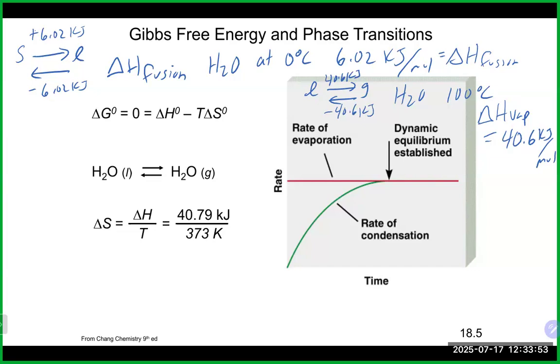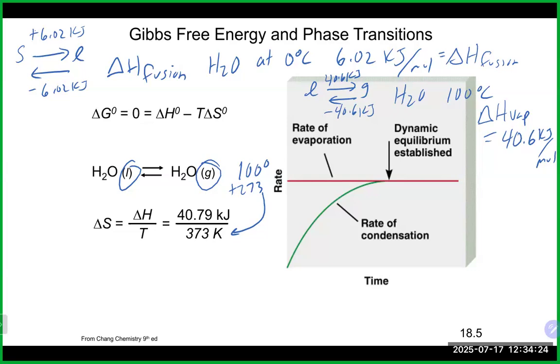So if we are doing this transition here, which is liquid to gas, that's going to occur at 100 degrees Celsius. And when we add 273 to it, we get our 373 Kelvin, which is our normal boiling point of water. And because it's at equilibrium, our delta G in this case will equal 0, right?